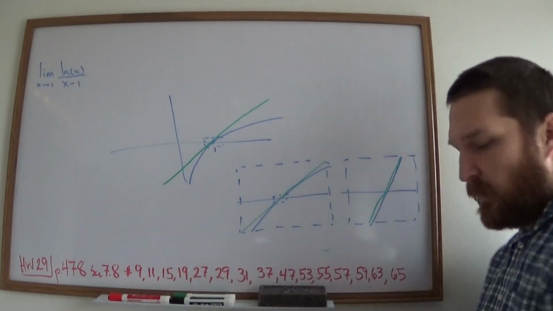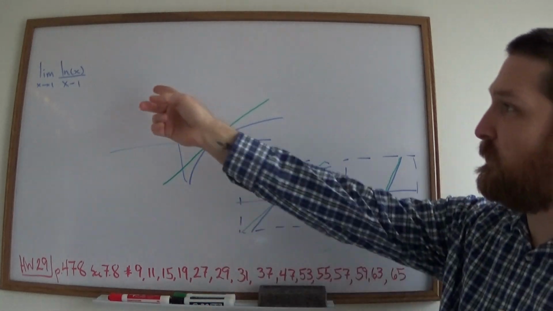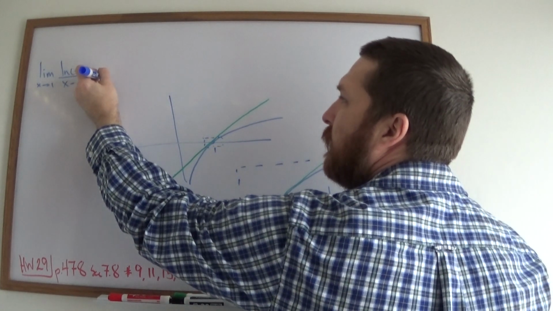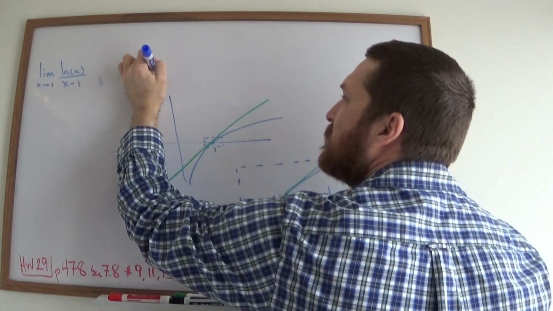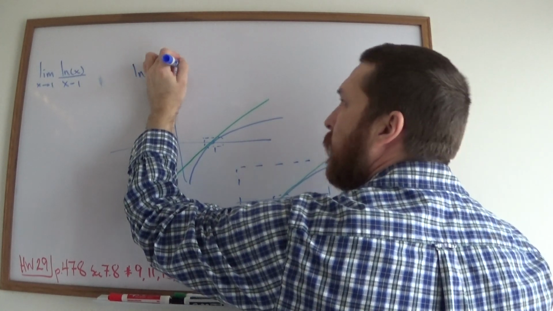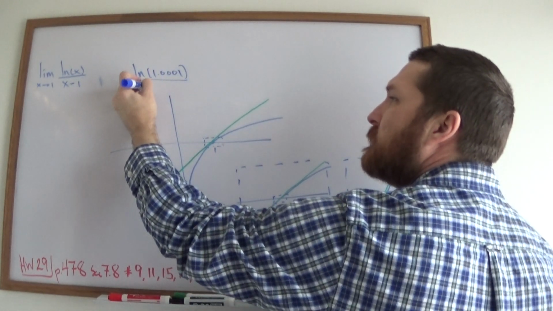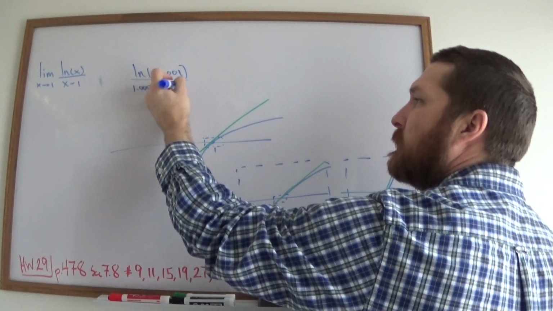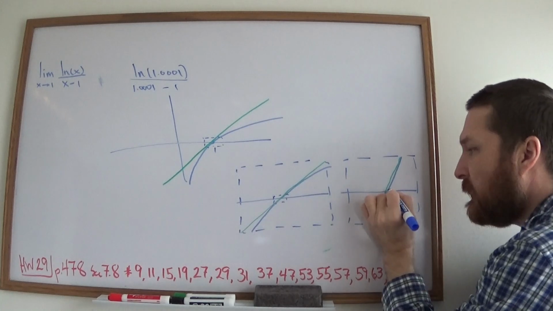And so we could do the thing where we plug in values that are really close. If you do that, you could say, well, log of, say, 1.0001, and we go 1.0001 minus 1, and we get some value that's really close right here.